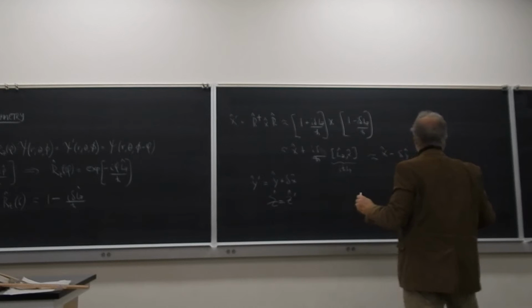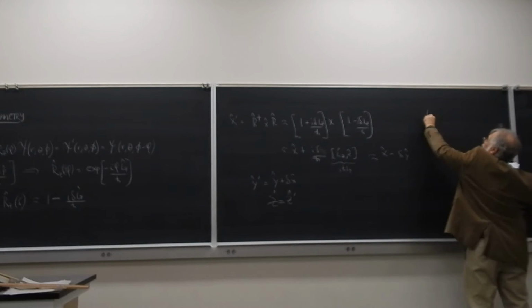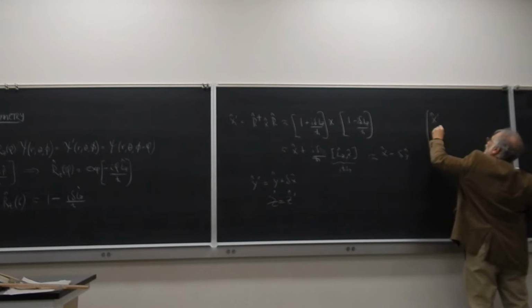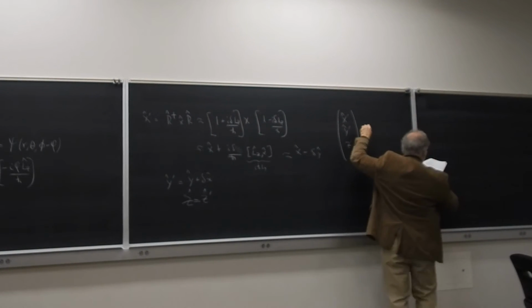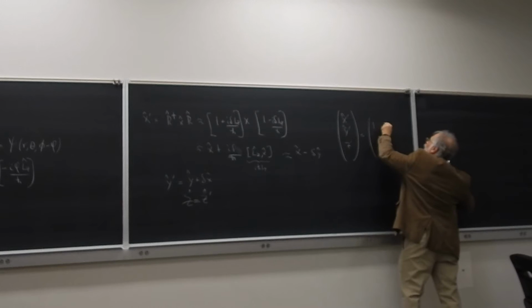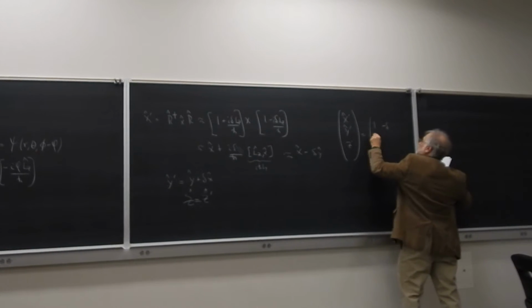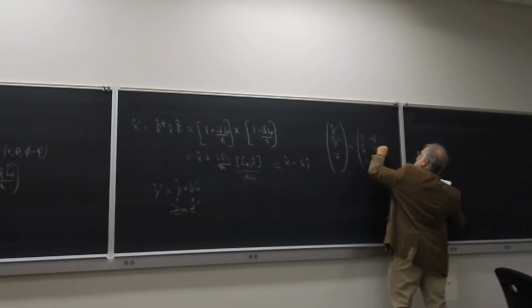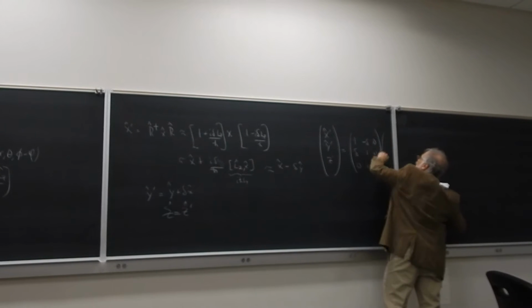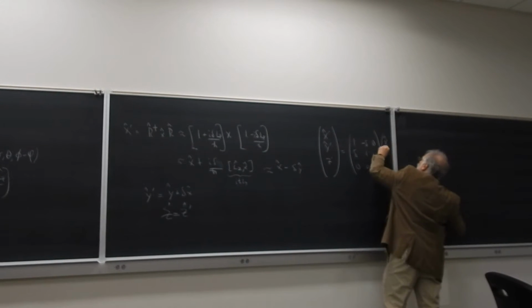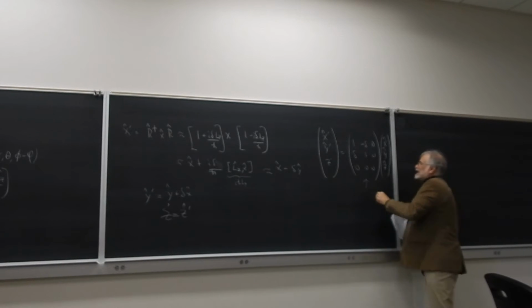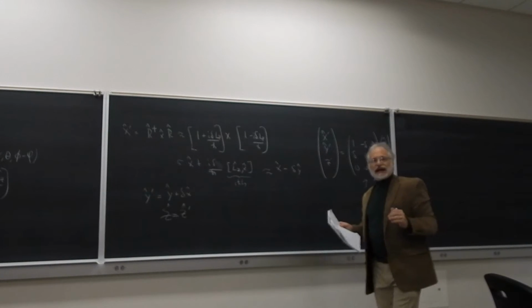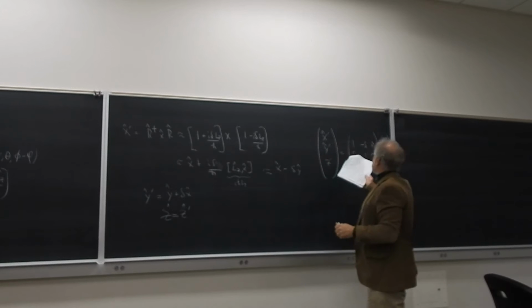Well, we could put this all in a nice rotation matrix and get x hat, y hat, and z hat: 1, minus delta, delta, 1, 0, 0, 0, 0, 1, times x hat, y hat, z hat. So you see, it looks like a rotation matrix, except instead of having cosine theta and sine theta, you have delta and minus delta.